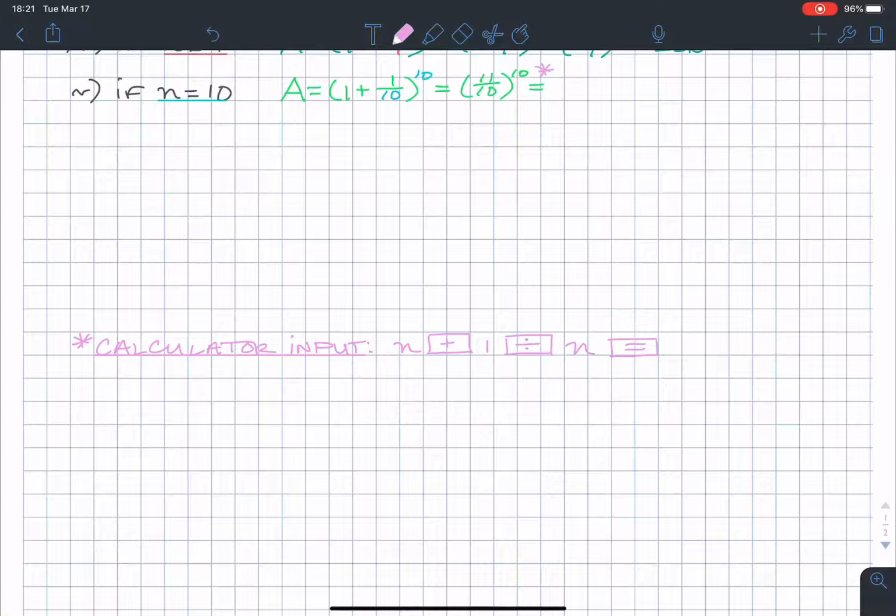So there's a couple buttons that do this. On my calculator, I have the button y raised to the x, but you may have the calculator button that looks like a caret. So either one of these will work, and you're raising it to the n. Remember, the exponent here is the same as the denominator. And now you're going to press equal.